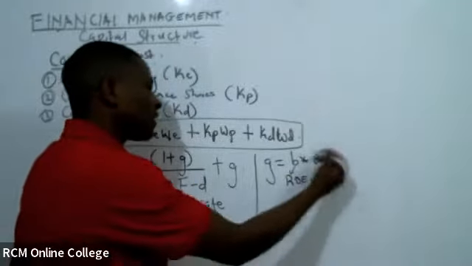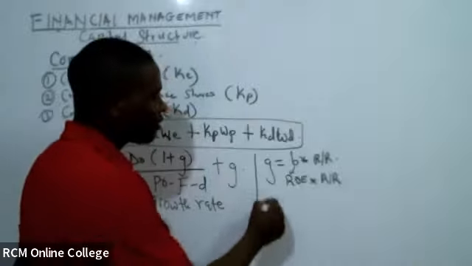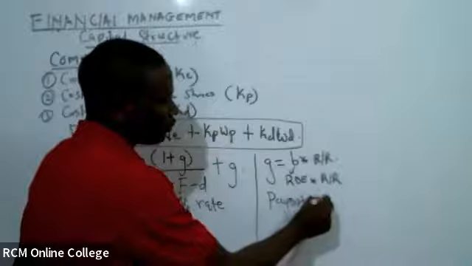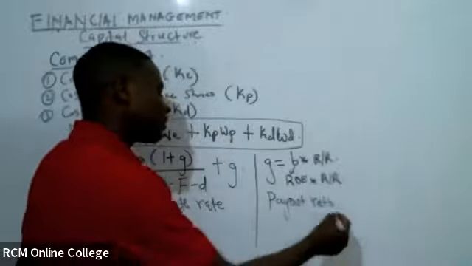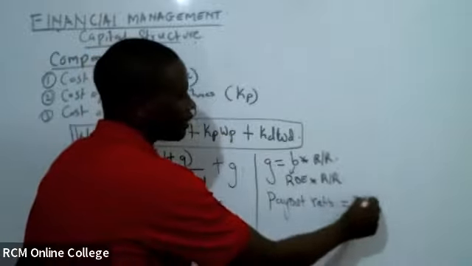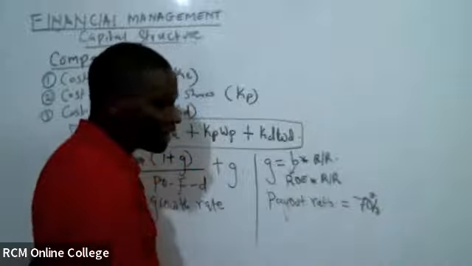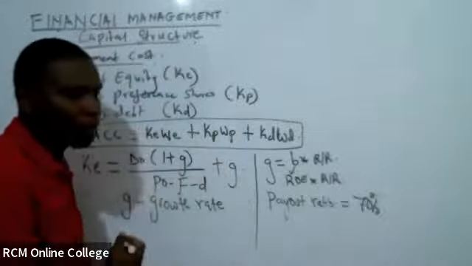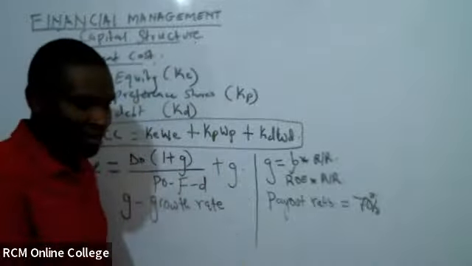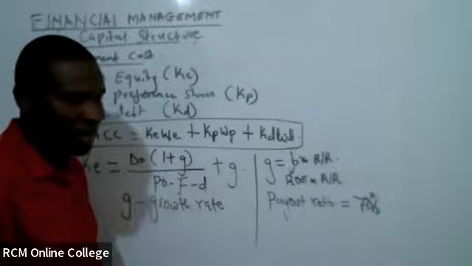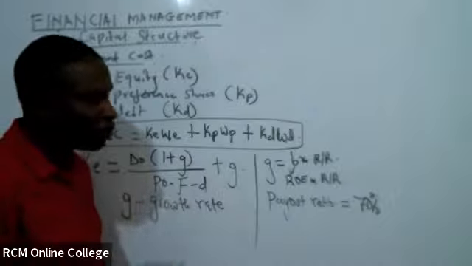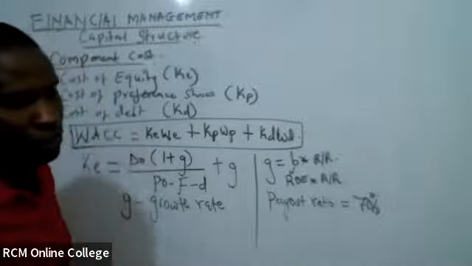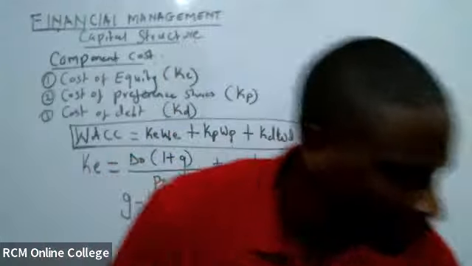So how do you arrive at your retention ratio? If you're given the payout ratio, maybe you can say 70%. 70% is the dividend payout ratio. What will be the retention ratio? What will be my retention ratio in that point?